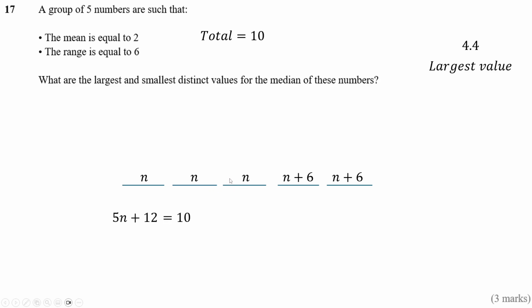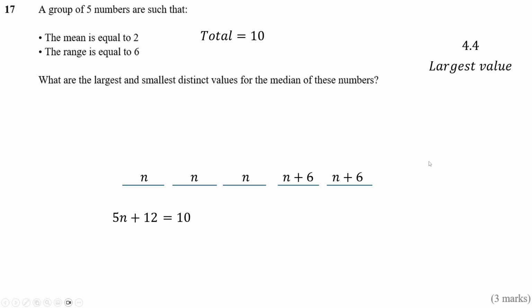By doing this, we're taking more shares away from the median and then distributing it elsewhere. We can distribute it over here, because this number can't be greater than the median, so it has to be smaller than or equal to. That's why the ones before are n.